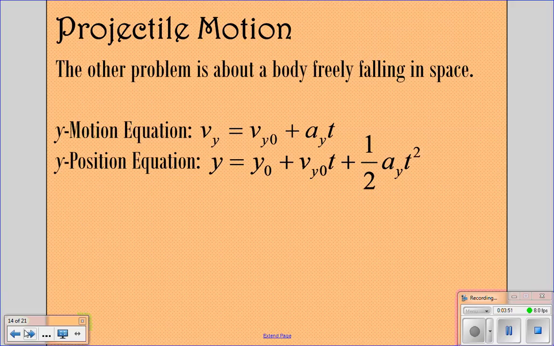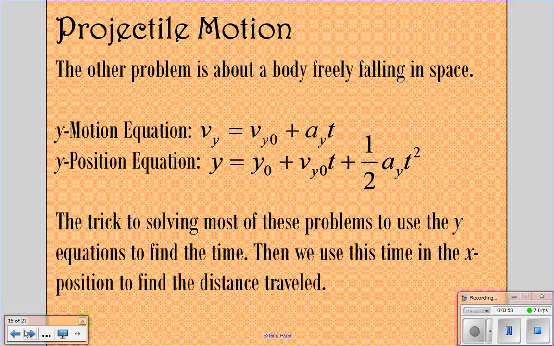The trick to solving most of these problems is to use the y equations to find the time. So most of the time we're going to start with these two equations to find our time, and then use that time in the x position equation to figure out what distance it traveled.